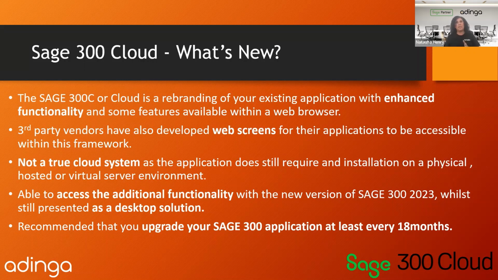In addition, in order for us to request support directly from Sage on your application, you would need to be on either the latest version or 2 versions back. So what is the latest version? Sage 300 Cloud 2023. Should we require support from Sage, you would need to be on that version, 2022 or 2021.